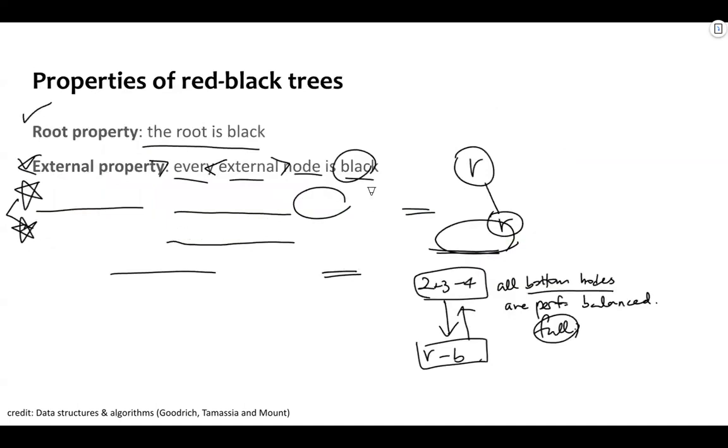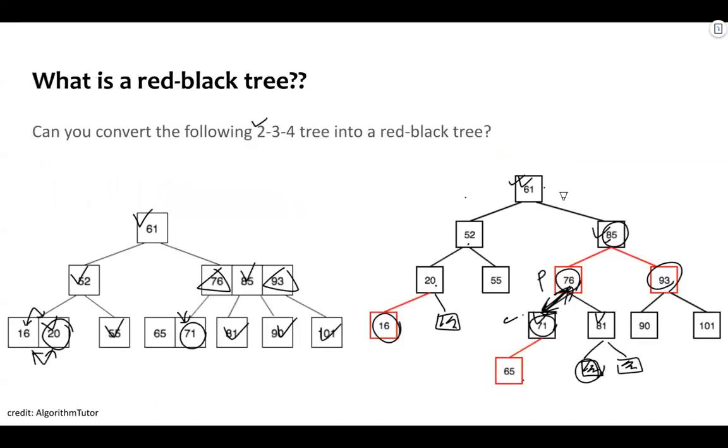And here, we are actually omitting the external nodes. However, in our implementation, we're going to put None nodes here, and here as well. So in this figure, the external nodes are omitted.